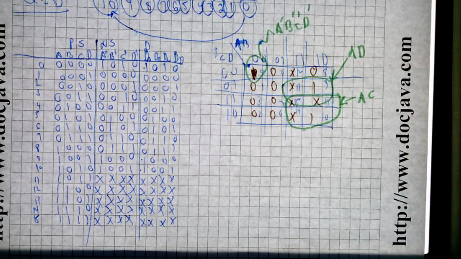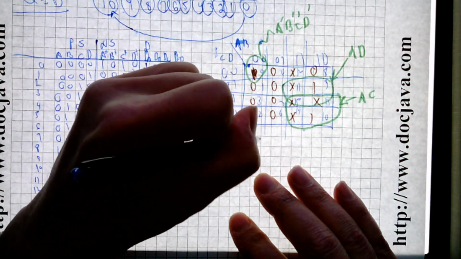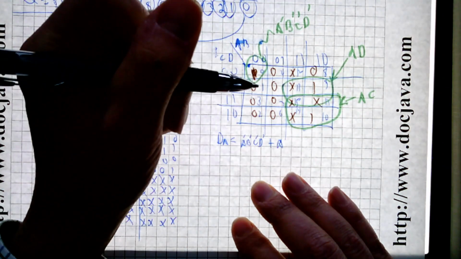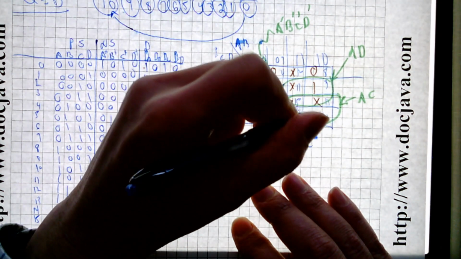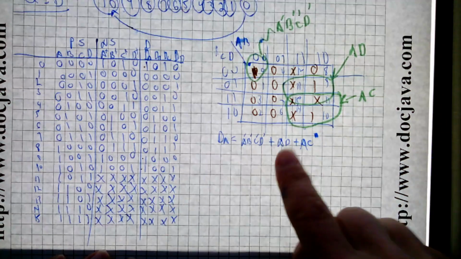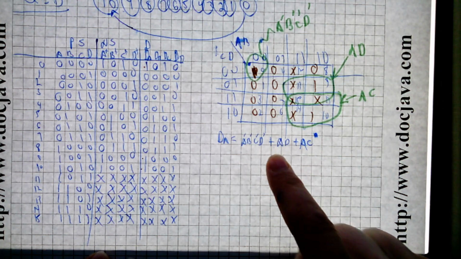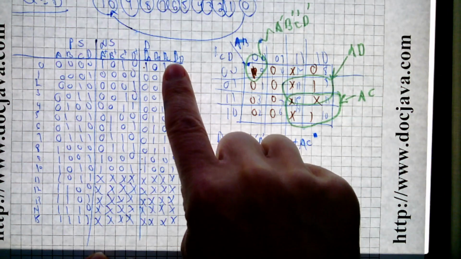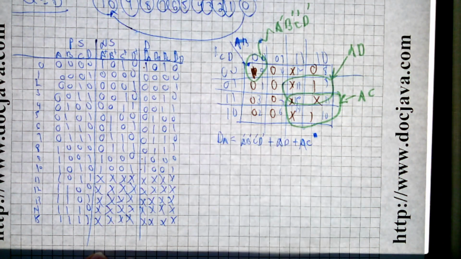And so that is D sub A. And this is the expression that would need to be implemented for D sub A's input. And now you got to do 3 more K-maps for the other 3 D flip-flops.